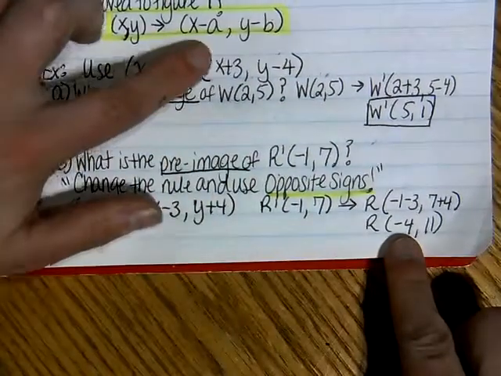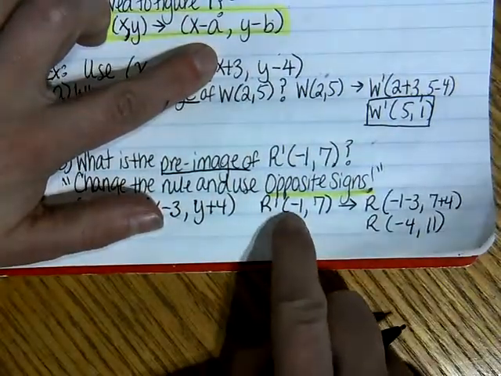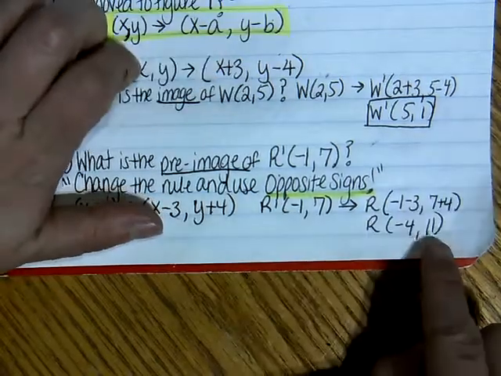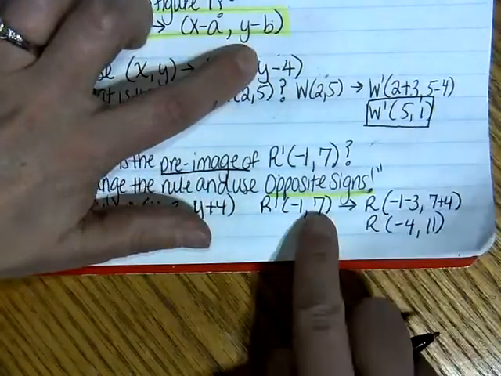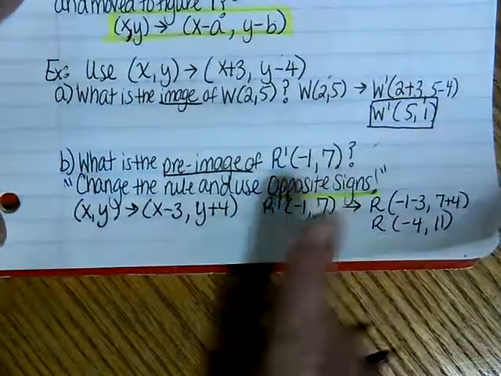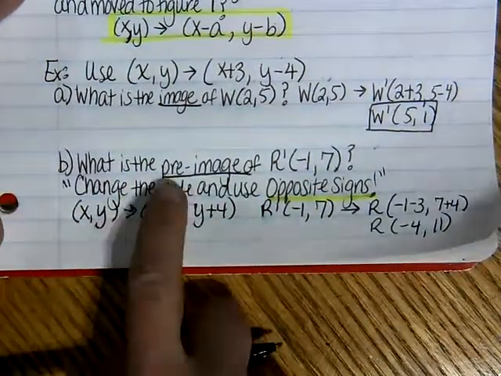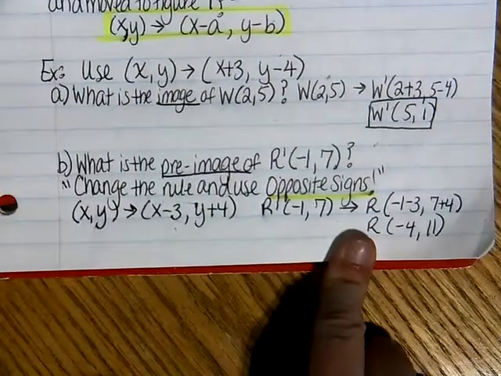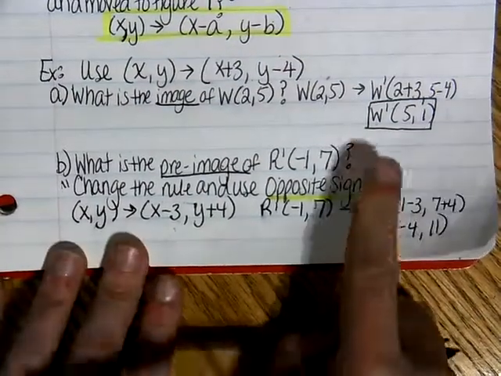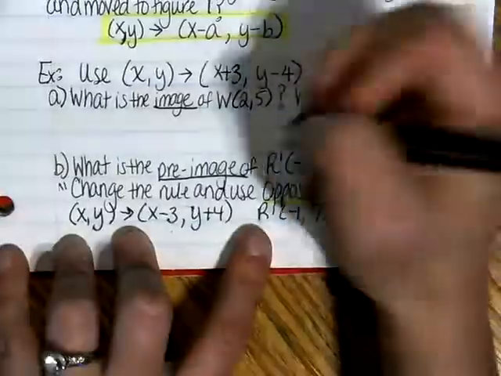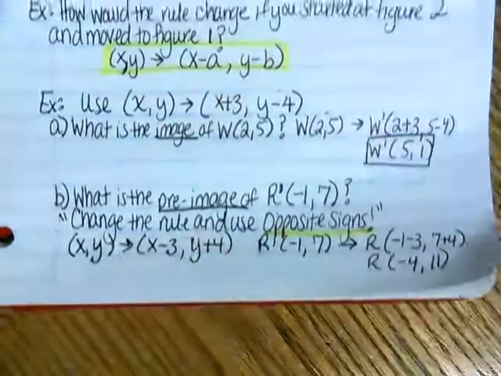Is negative 4 plus 3 negative 1? Yes. Is 11 minus 4 7? Yes. So by using the opposite signs for our rule, we are able to find the pre-image. You can always tell what the image versus pre-image is based on that apostrophe.